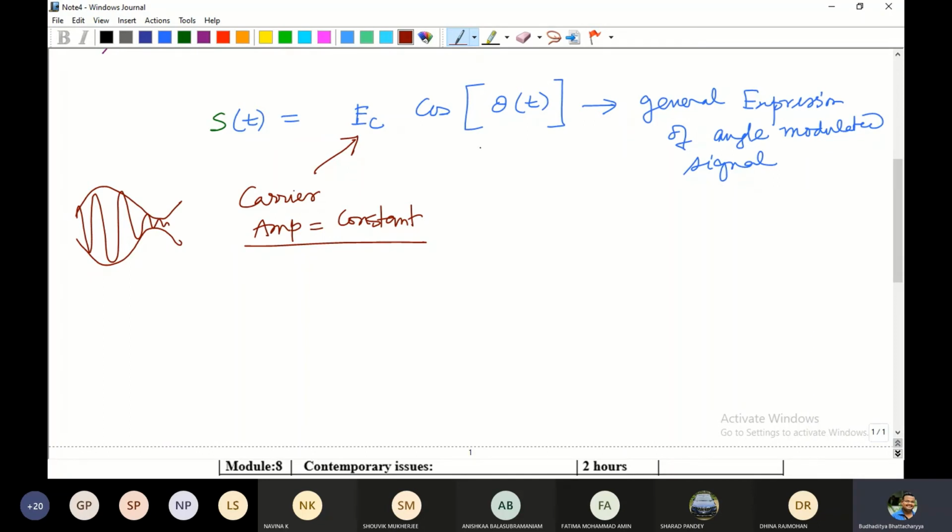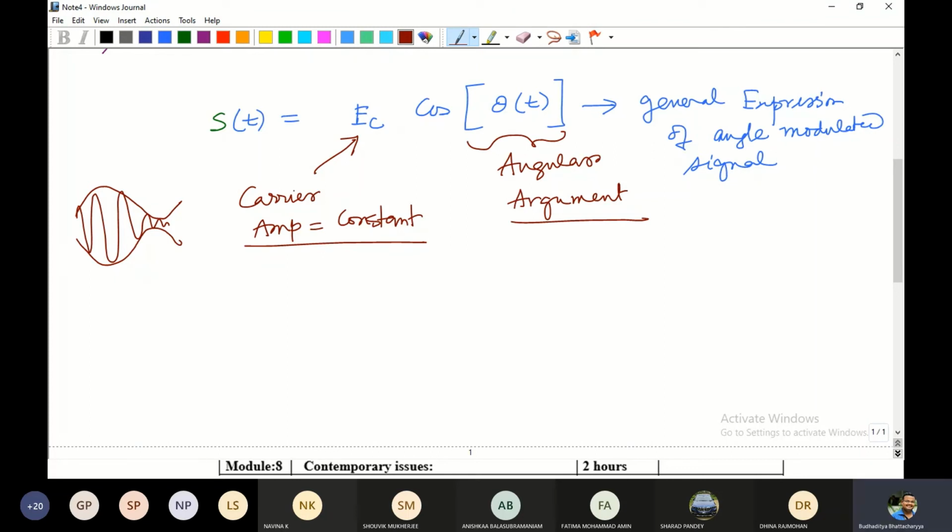That's the first thing. And this portion, the theta(t) that you're looking at, this is what we are calling the angular argument. Why is it called a generic angular argument? Because theta(t) can either be modified to give rise to PM, or theta(t) can be modified into giving us FM.